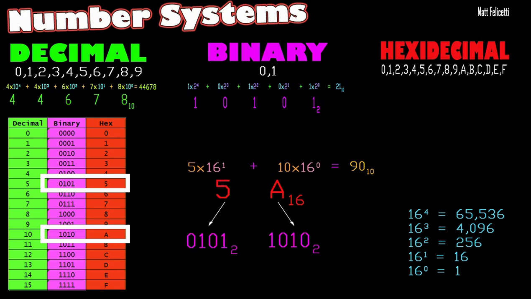And so the conversion is quite simple. We can just use this small table to convert between binary and hexadecimal rather quickly. And with enough experience, you won't need the table, but for now, you can use it as much as you need.